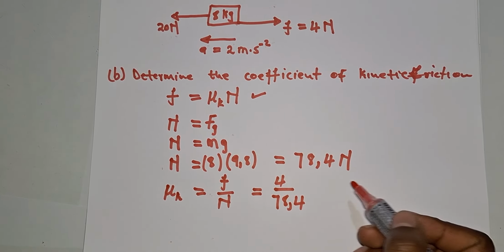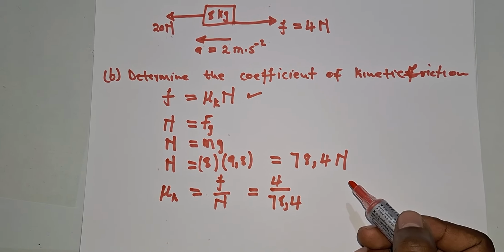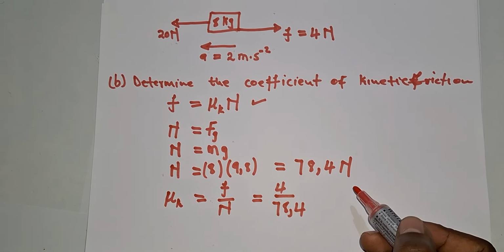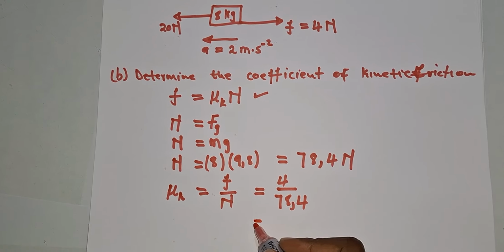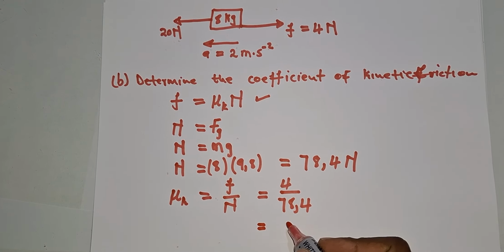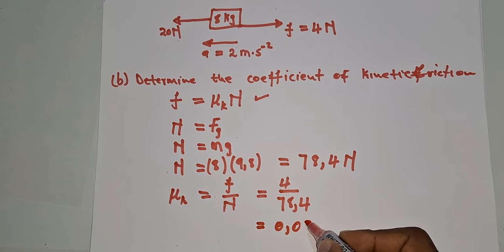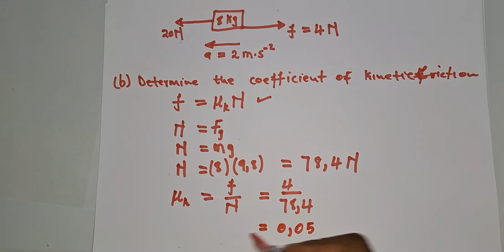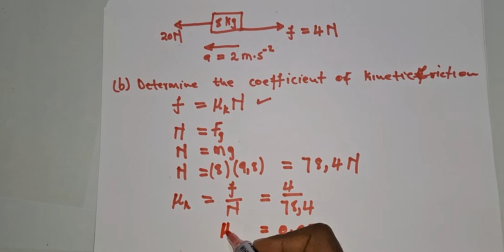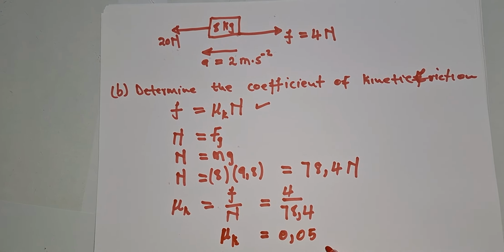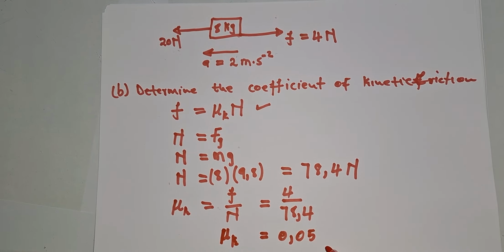So what is 4 divided by 78.4? Punching it on the calculator, we get that the value is 0.05. That is our coefficient of kinetic friction, and that's how we determine it.